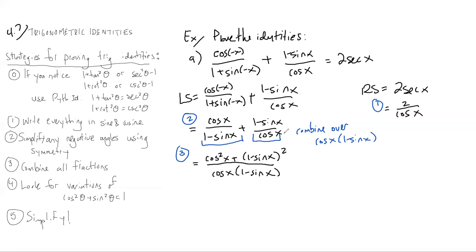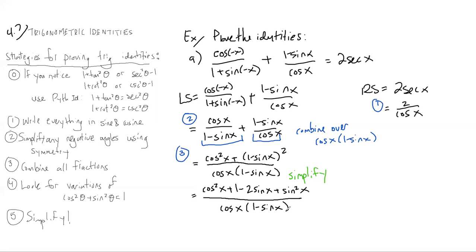And so now I'm going to use some algebra to simplify this. It's not really one of the steps, but it's something we should probably do every chance we get. So I'm going to simplify, and I'll get cos squared x plus 1 minus 2 sine x plus sine squared x, and then over cos x 1 minus sine x.